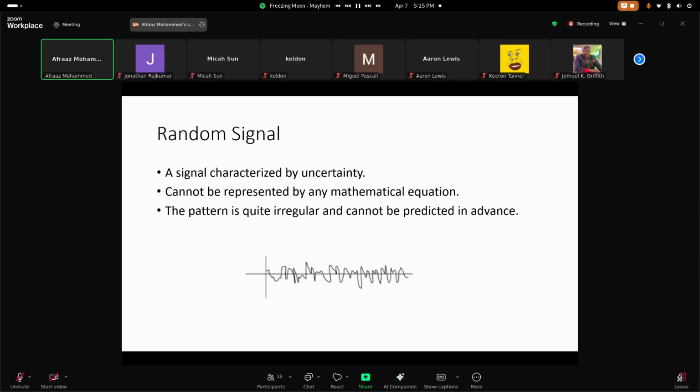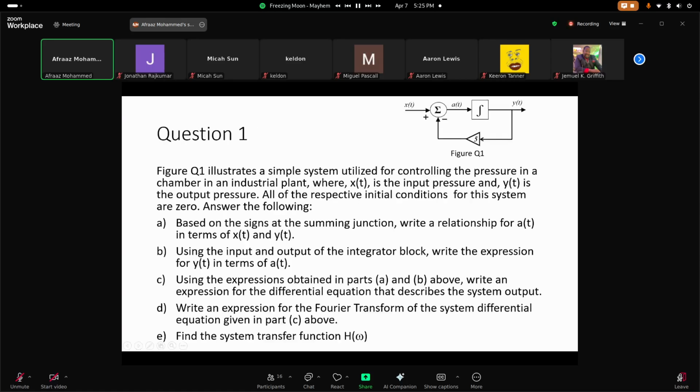What I want to do next is a question on Fourier transformation, so let's do that next.